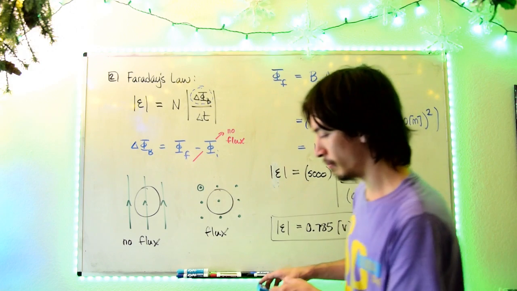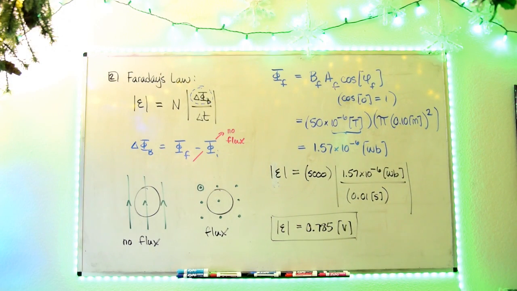Okay. 0.10 is the radius of the loop. Yeah, good. Glad you are all participating and helping each other out here.